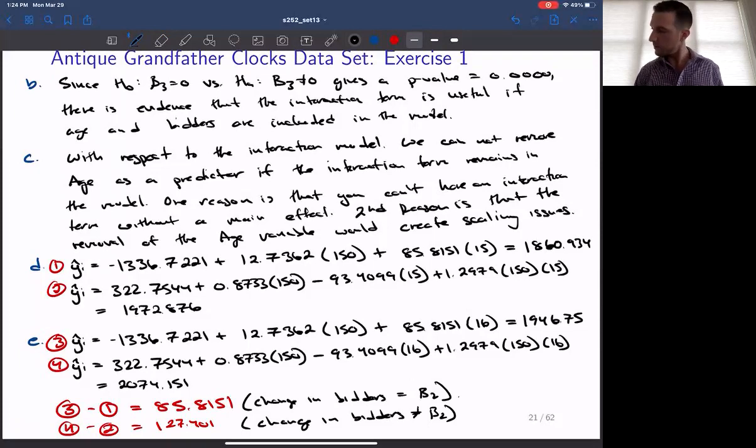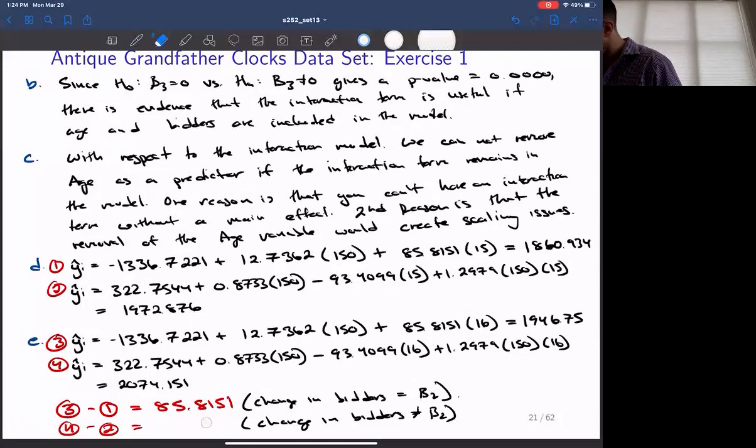It's 150.15 plus 1. Okay, there we go. This value is off.